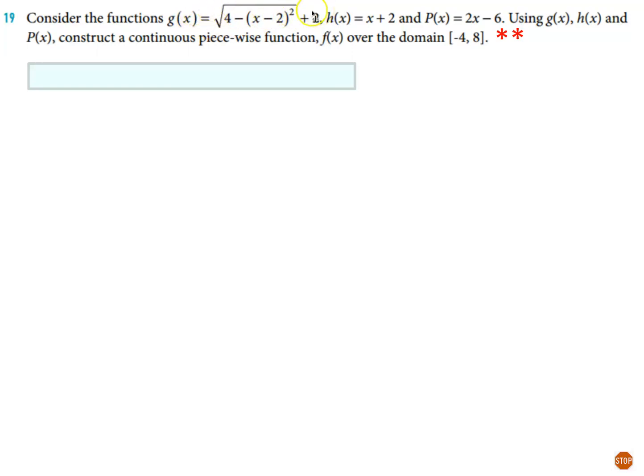So that's a bit of a hint right there. h of x is that, p of x is equal to that. Using those three functions, construct a continuous piecewise function over the domain from -4 to 8, including -4 and including 8. You should have all of the mathematical tools inside your brain to do that. It's just a matter of putting them all together. So good luck.